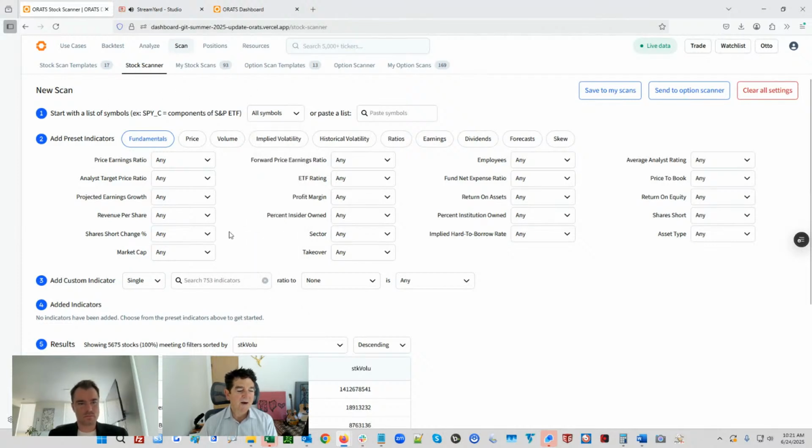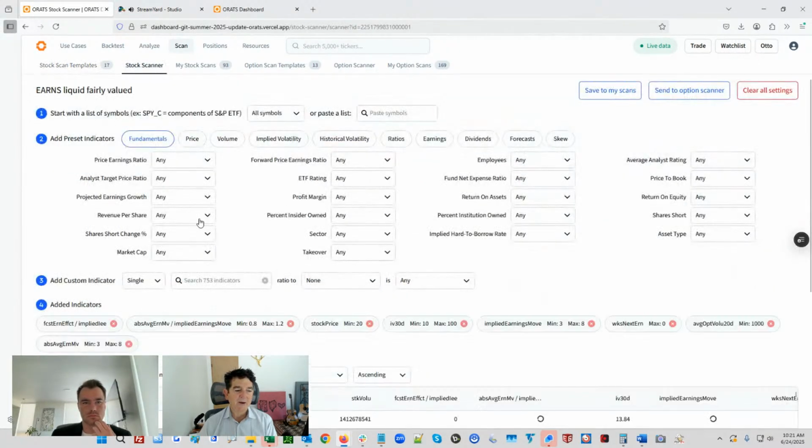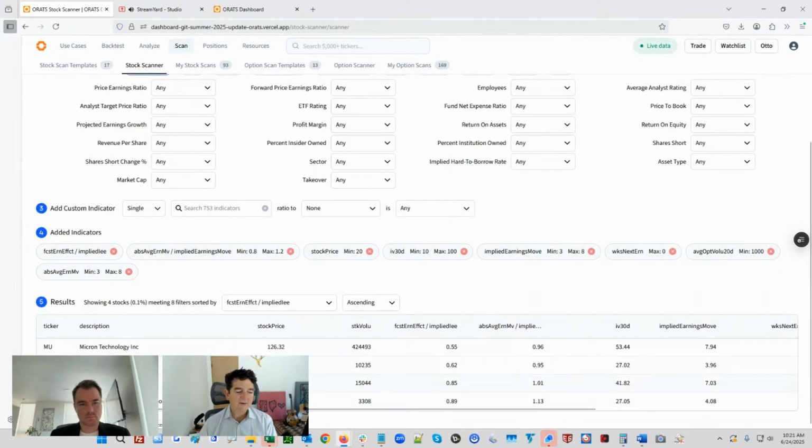But what you're saying, Tyler, is you can make a lot of settings, and one of the use cases is earnings. So I could say, earnings fairly valued is one of our templates that we use, and I could just click on that and bring that up, and as you could tell, FedEx and the rest of the stocks that we saw are in there.